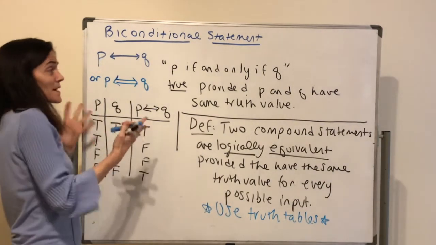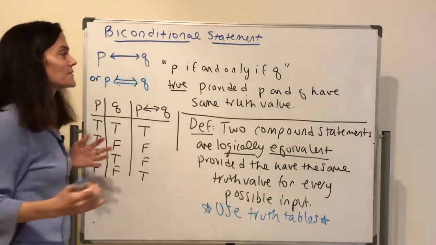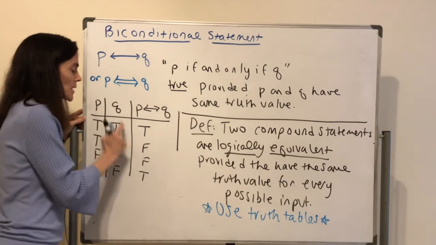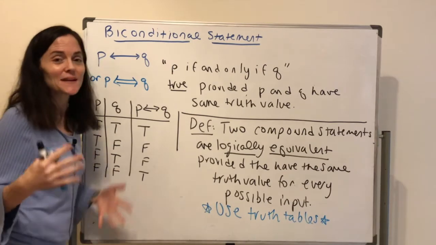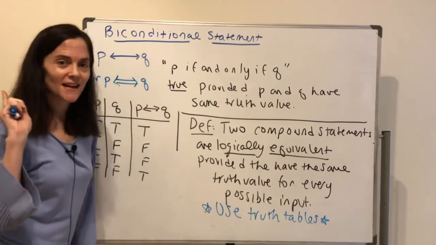And this one, the if and only if, which I've defined to be true precisely when P and Q have the same truth value, we can see what it's logically equivalent to using a truth table.